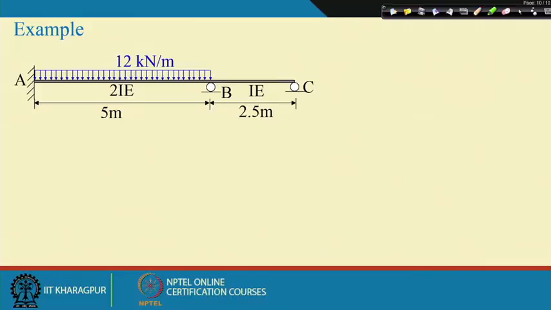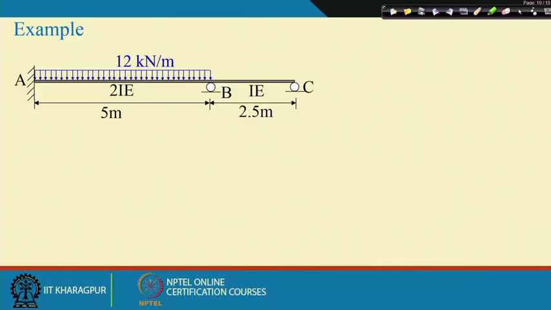Okay, so in this case, suppose for the first it is 2 EI and the second it is EI. For 2 EI, either their Young's modulus is more, or its shape is different, so that the second moment of area is twice the second moment of area of the second one. There may be different reasons, but the net effect is, suppose the EI is 2 EI here and it is EI here. Okay.